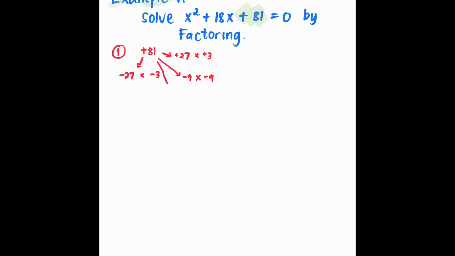Same goes with positive 9 times positive 9 gives us positive 81. So I think I can stop here because I can see that I already got the numbers that I will be needing. And that will lead us to the second step.